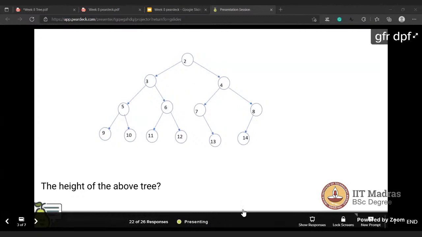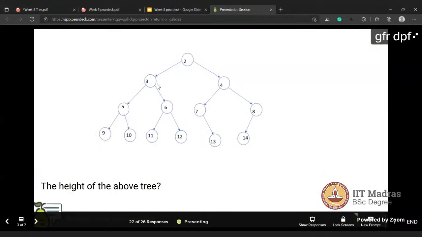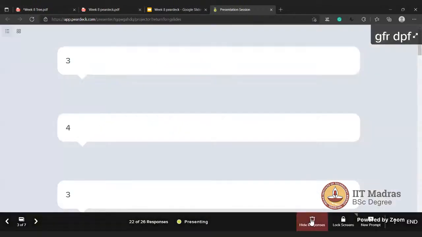We can discuss. So what will be the height of the tree? 0, 1, 2, 3. 3.